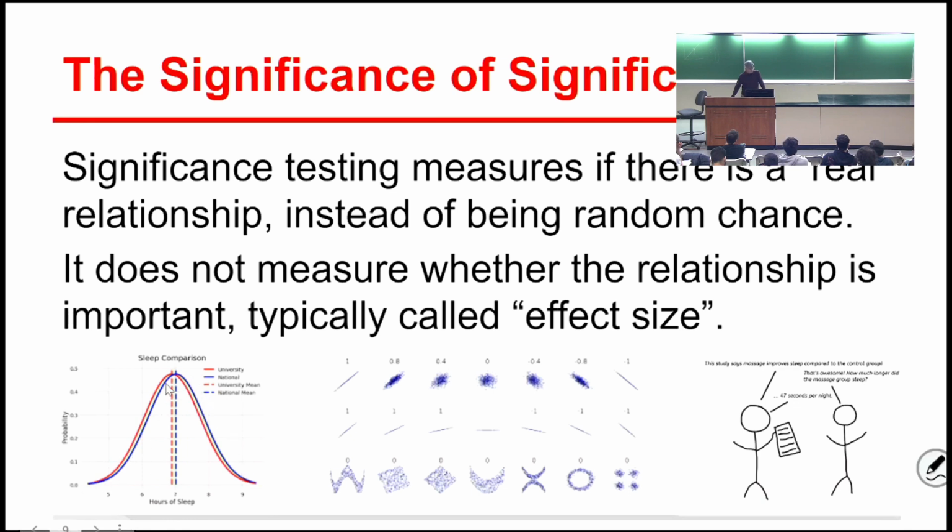They have a separate distribution for how much sleep the average university student gets. And it looks like there's a little shift. Is there a real difference? Do university students really sleep less than people in the rest of the population?